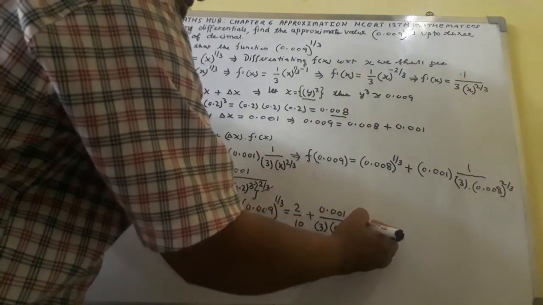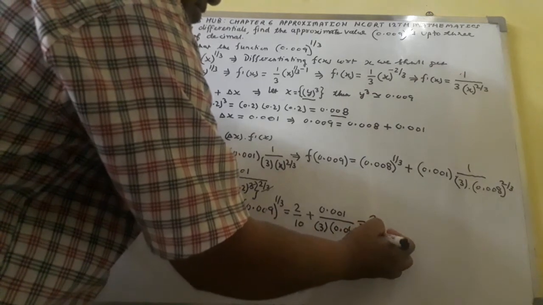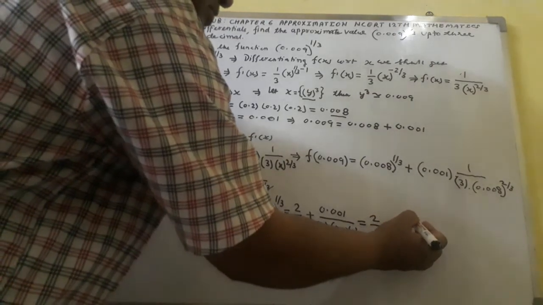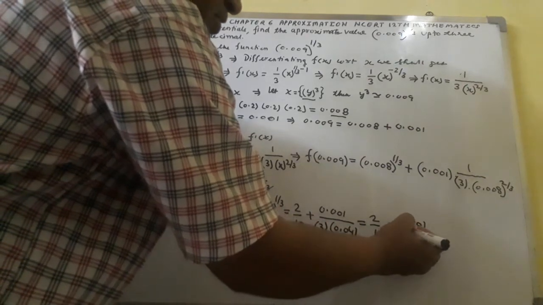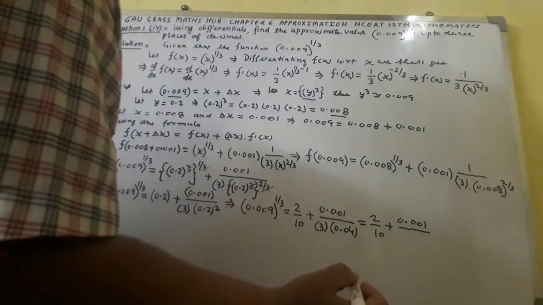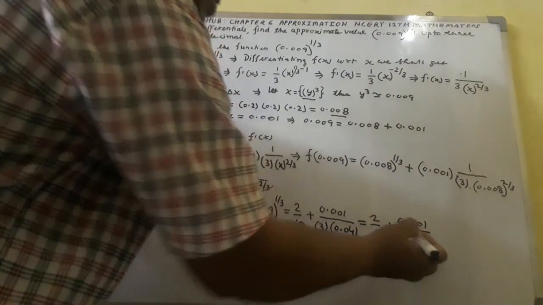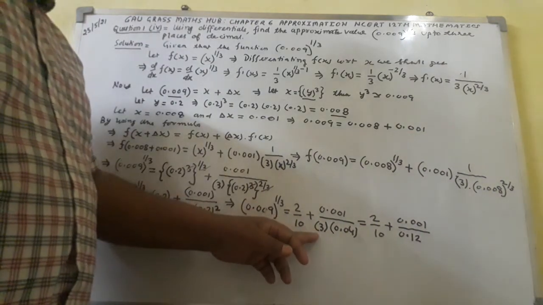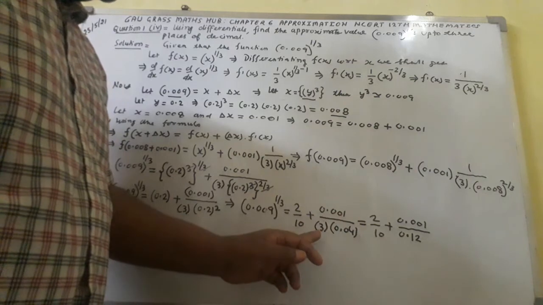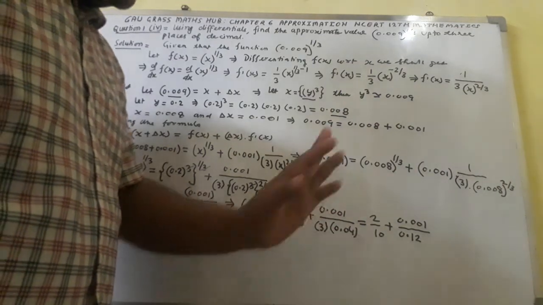So again I shall write, implied that 2/10 plus 0.001 whole over, here write 0.12. 4 thirds is 12, 0.12 written.